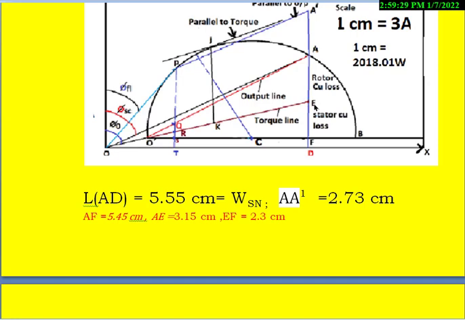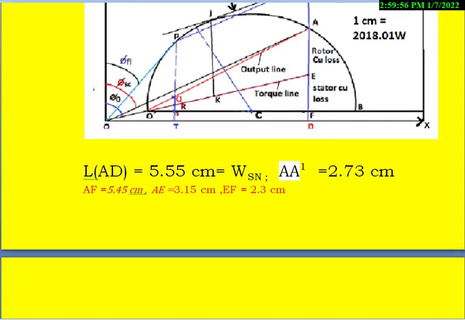Now this point E is the point between stator copper loss and rotor copper loss. From point E, draw a line until it touches the O dash like this, and this line, O dash E, is called the torque line, whereas O dash A is called the output line.